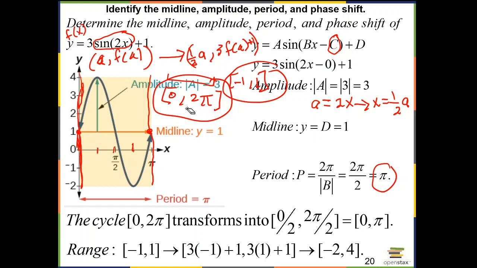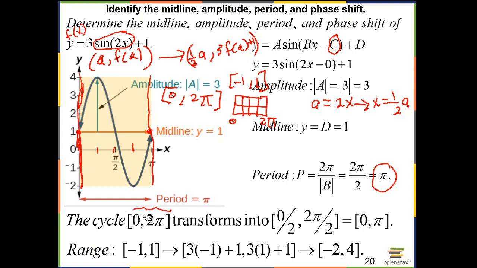So that means all the x coordinates of the original rectangle of sine x, which were from 0 to 2 pi, now they're going to go from what? We have to multiply by 1/2, right? These are x values.